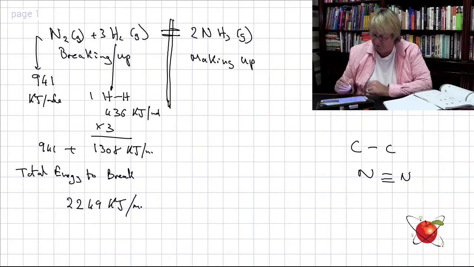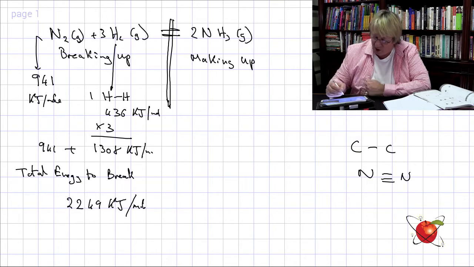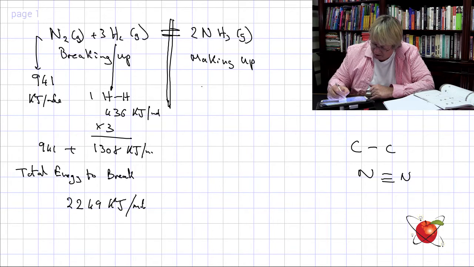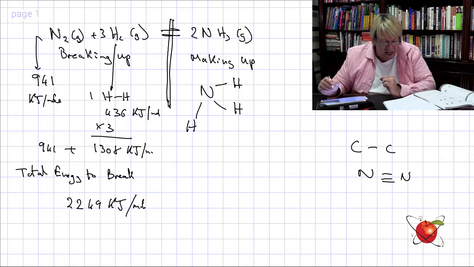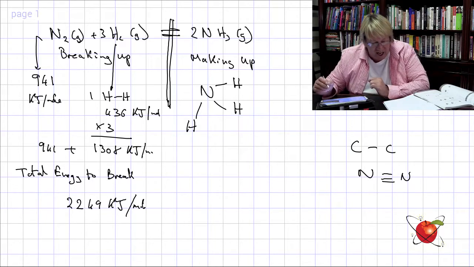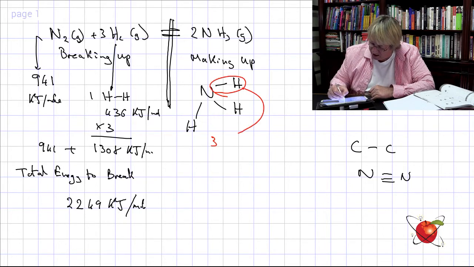kilojoules per mole. Okay? Then, what have we got to make up? We've got to make, can you see there? We've got to make 3 of those N-H bonds. So we look, an N-H bond is 389. So to do just one of these bonds, there is 389.